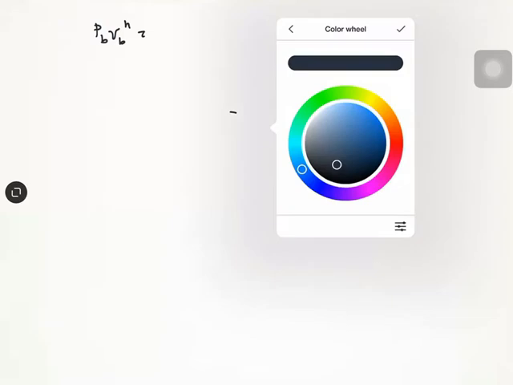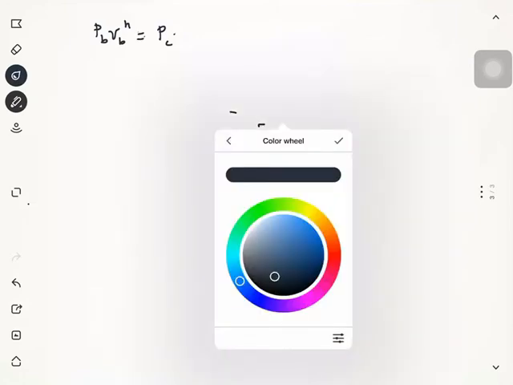So we have PB VB to the n is equal to PC VC to the n, where v is the specific volume in cubic feet per pound.